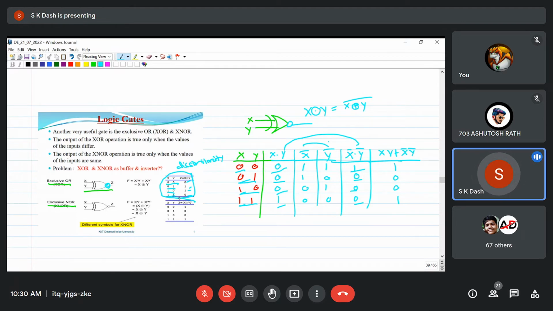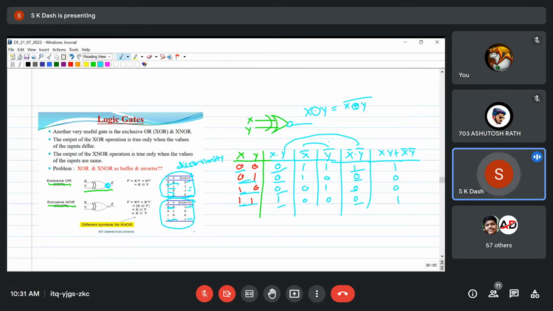Now concentrate on this. So what happens here? It comments about the similarity; this XNOR gate comments about the similarity. If two inputs are the same, then only your output is 1. Otherwise, your output will be 0. Okay. So this is the XOR gate and XNOR gate.